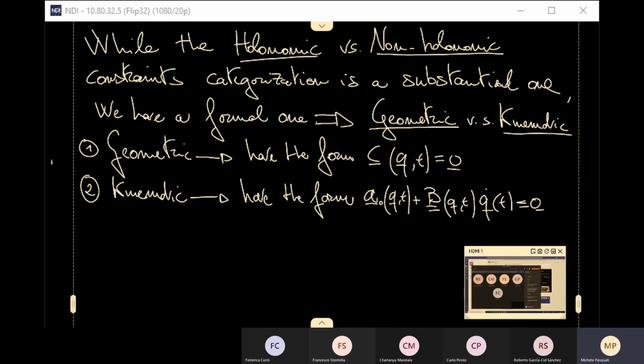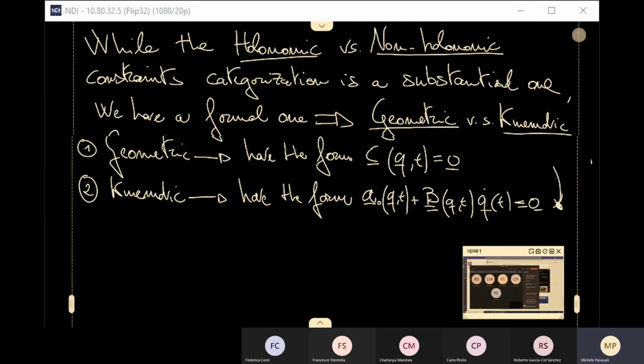Meaning that I start from here, but I cannot go back here. Those are the non-holonomic constraints. The holonomic constraints are the geometric, of course, plus the kinematic integrable. Those that have this shape, but can actually go back here.